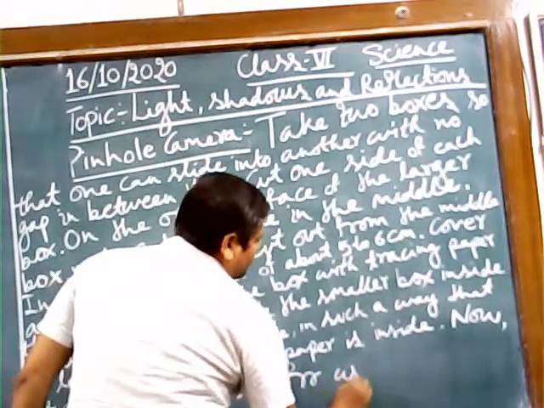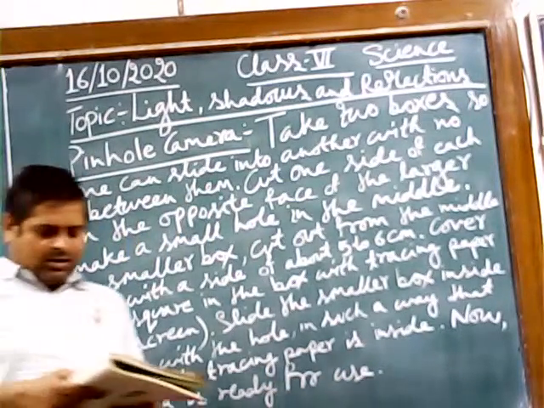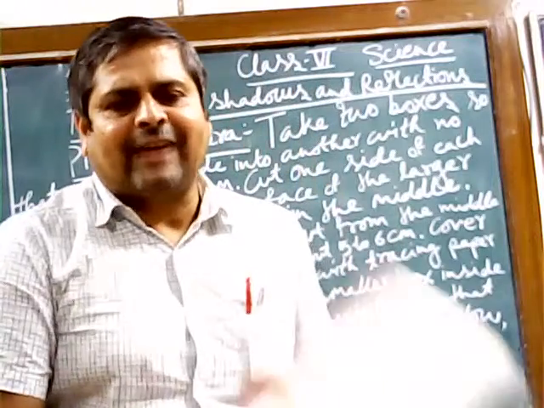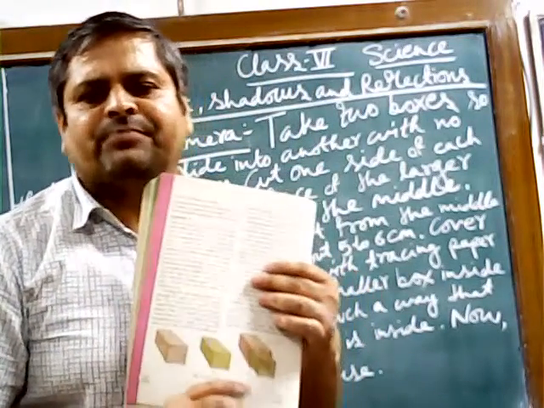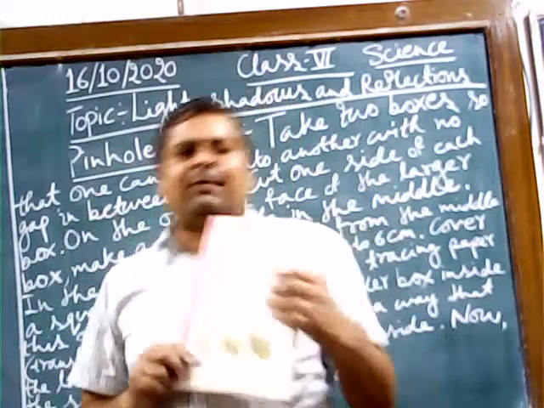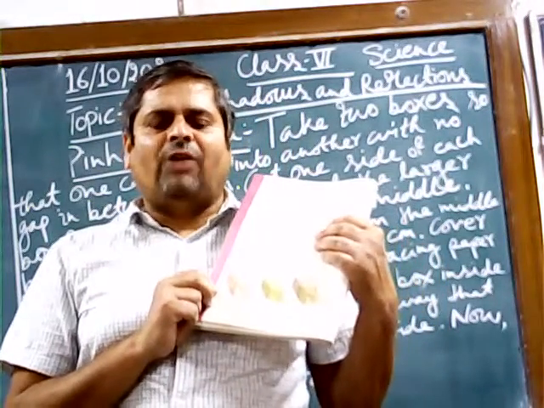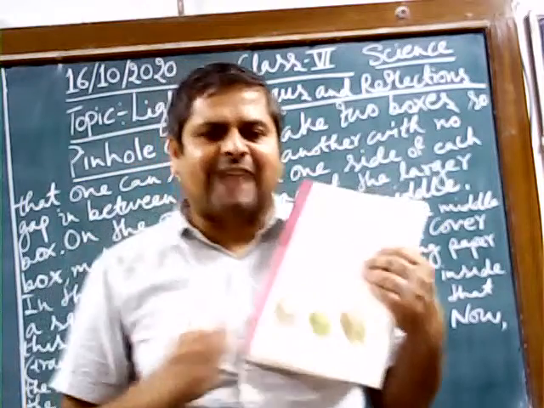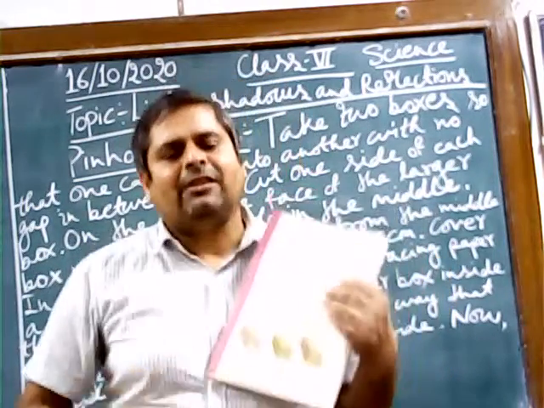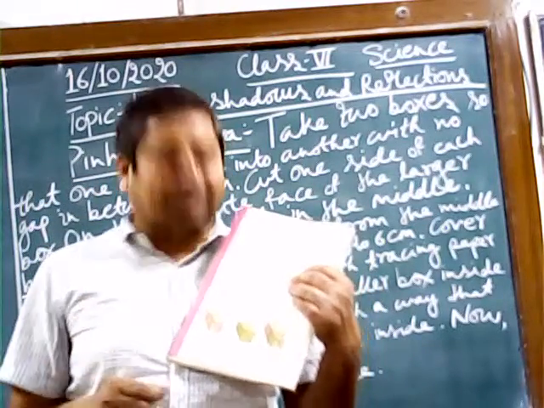Children, look at figure 11.5 on page number 110 of our NCERT textbook. Look at the figure to see how they have made the pinhole camera. They have taken two boxes of approximately the same size, one slightly larger than the other, and they should slide into one another with no gap between them.